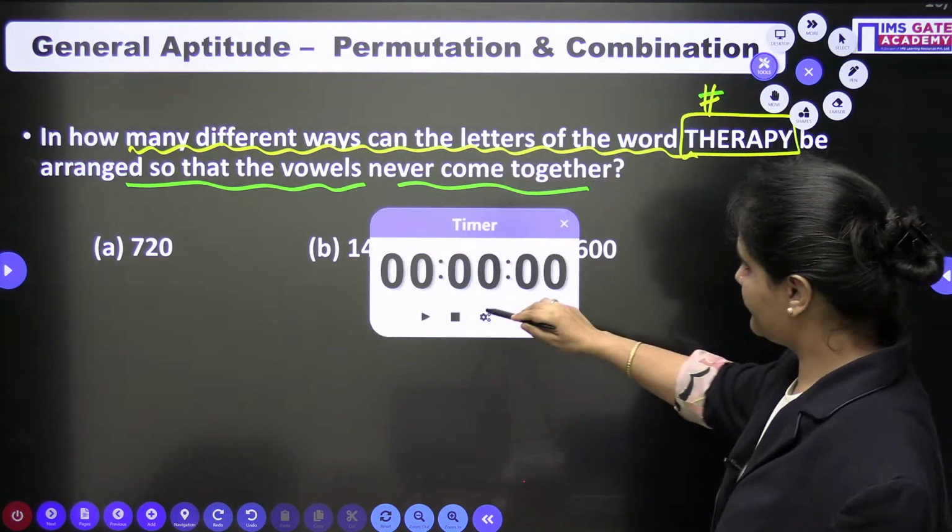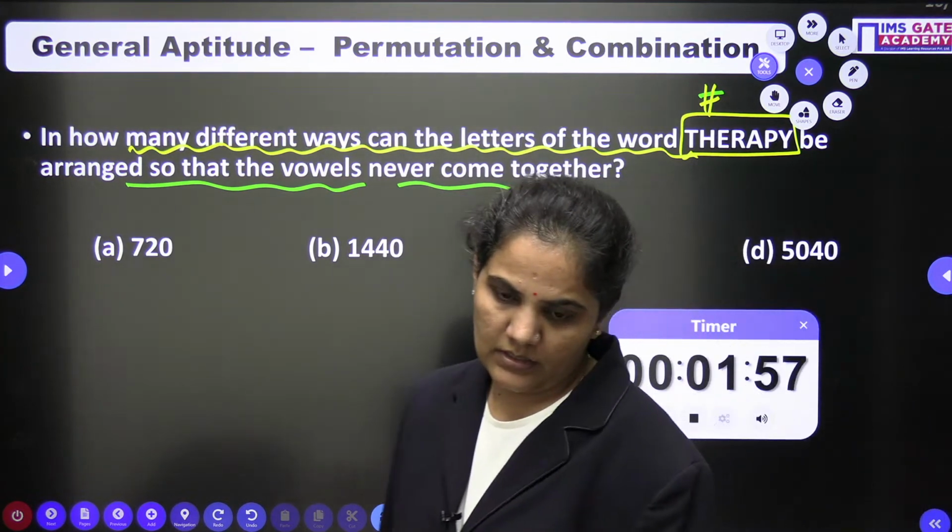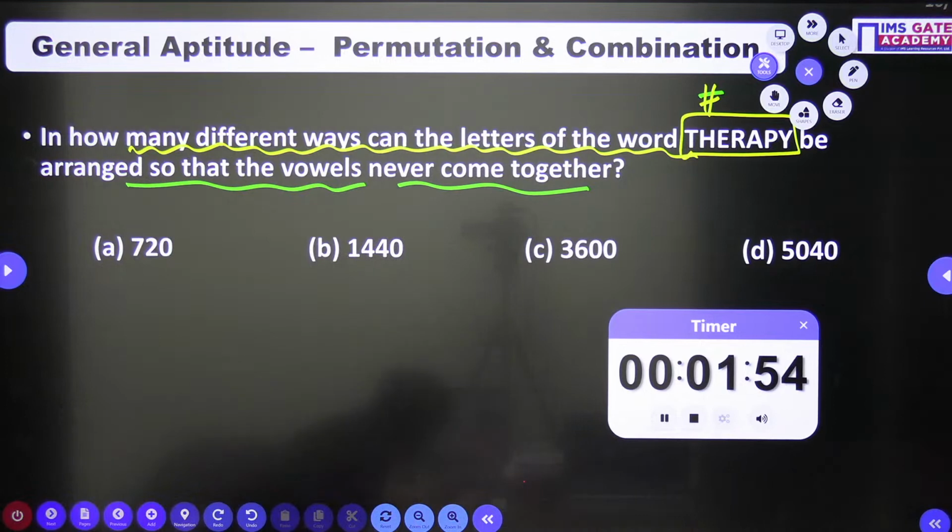Go for it, bacho. Everybody just go for it.